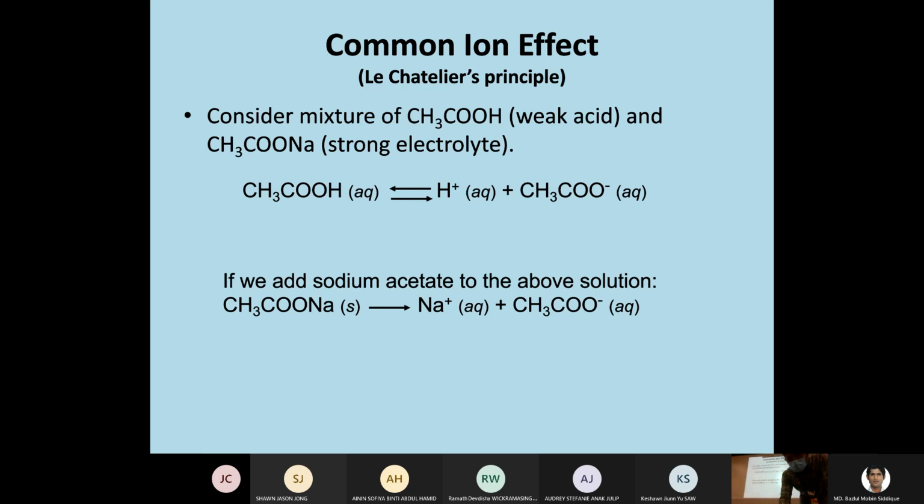So what is the effect for them? How will it affect the system? It will push which one? Will it push this way or will it push that way?